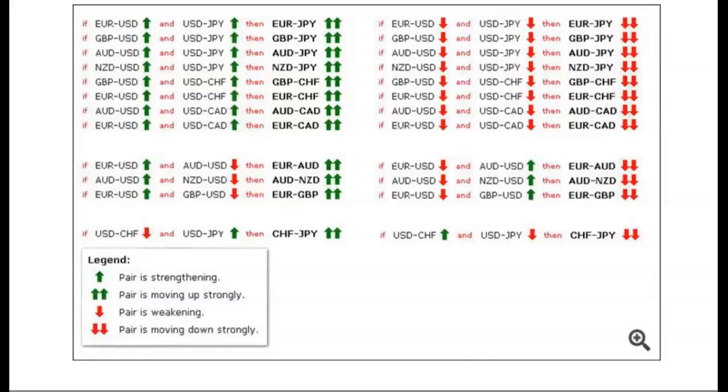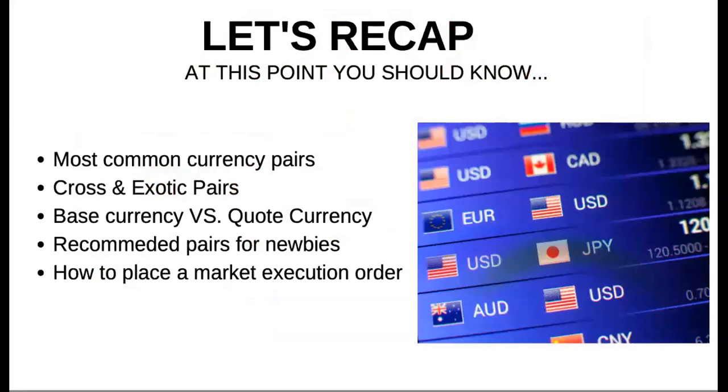So I know I probably threw a lot on y'all today, but by now you should know what the most common currency pairs are. You should know the difference between the majors and the minors, and what crosses and exotic pairs are.